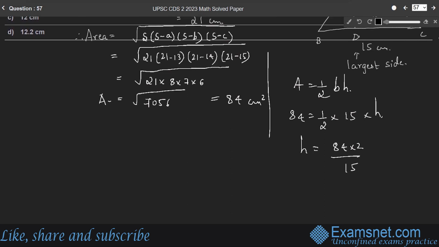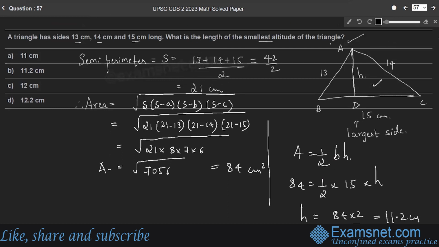So simplify it: 84 into 2 divided by 15 will give you 11.2 centimeter as the smallest altitude, right? 11.2, option B is the right answer, right? The smallest altitude is 11.2.